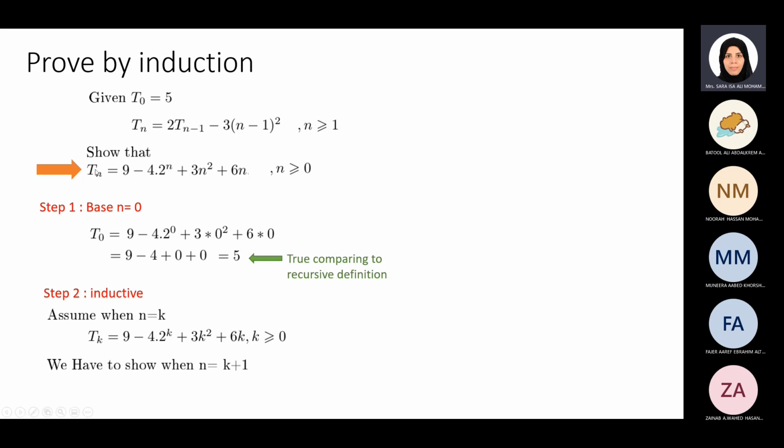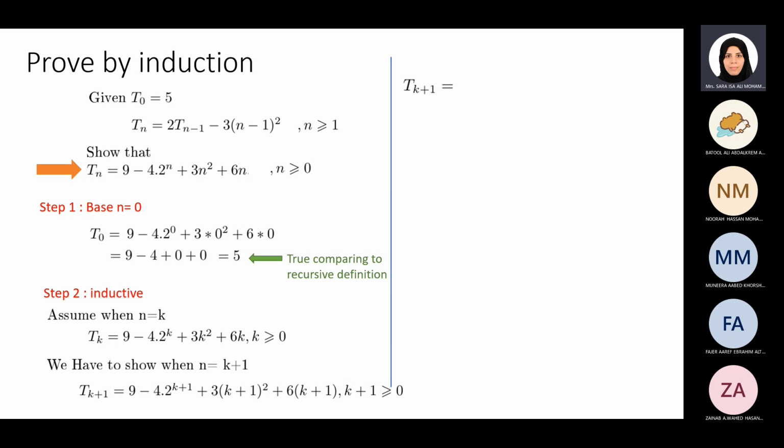Again, I have to substitute here. Instead of n, I will put k plus 1. My goal is to show that this term is equal to this value. Directly, since I have an equality, I will start from the left-hand side and try to reach the right-hand side.